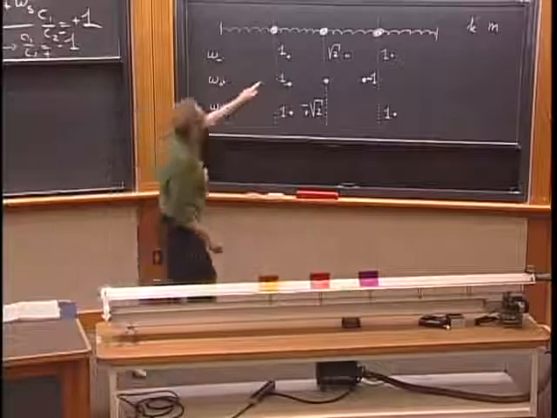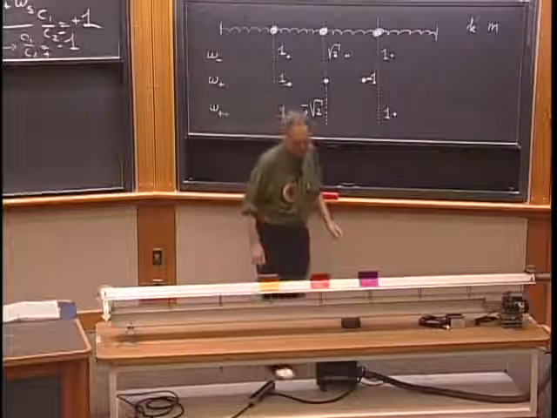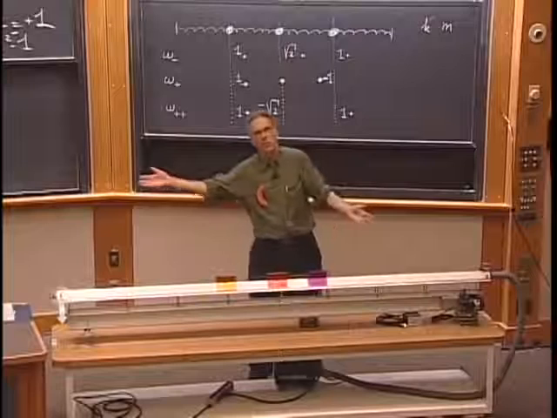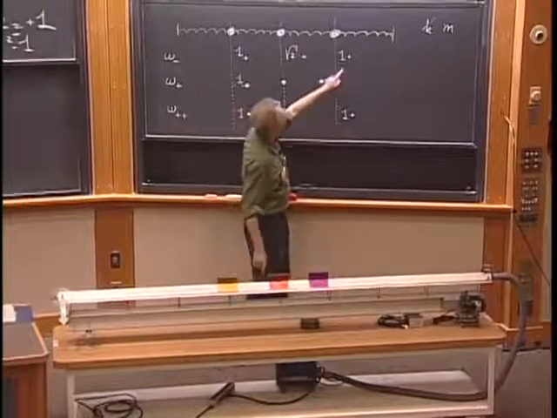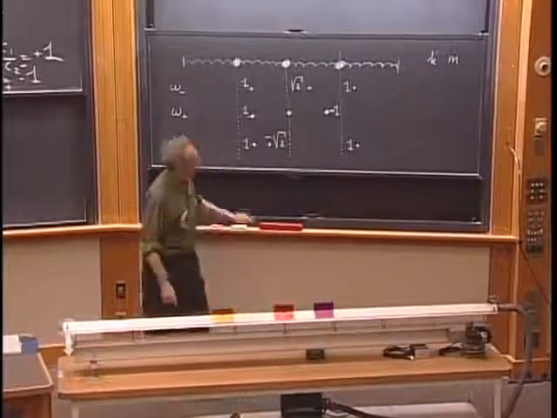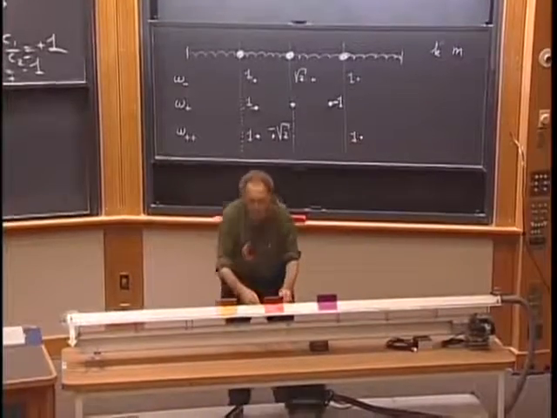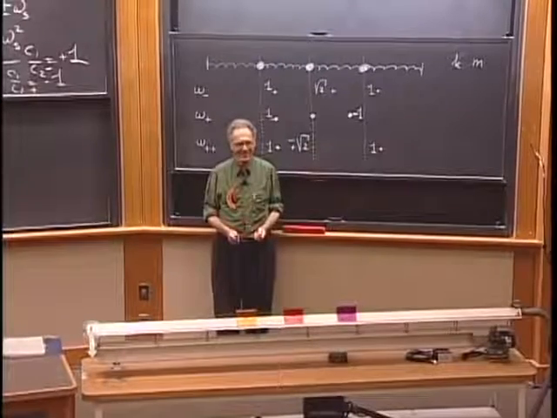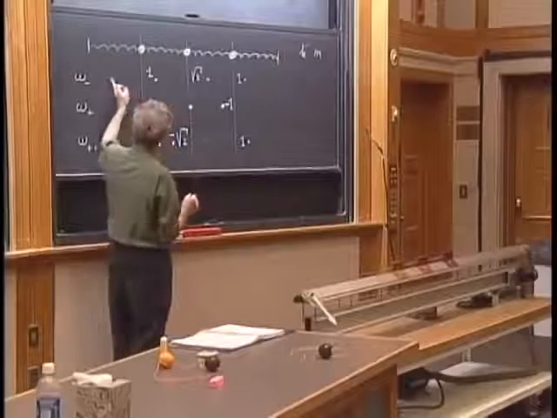If I offset this one in the positive direction over a distance 1, and the other one by 1 in the same direction, which I just did, but this one has to be offset by the square root of 2, which I just did. Now, turn on the air, and I have exactly the right initial conditions for this mode.